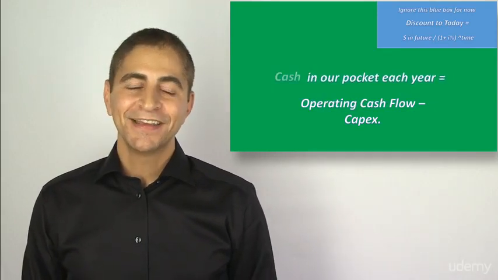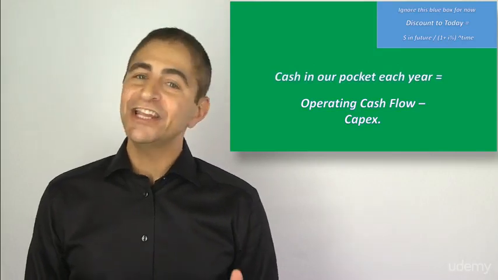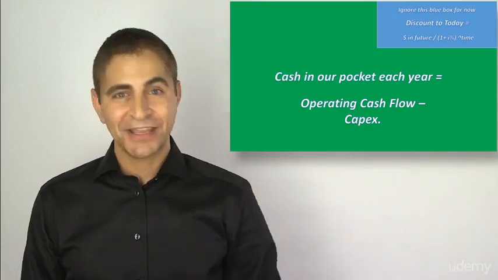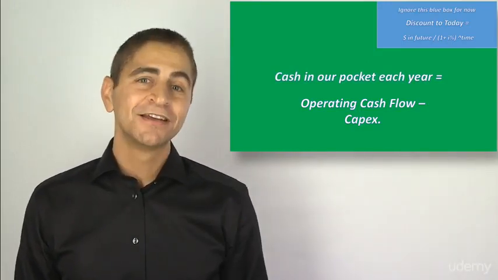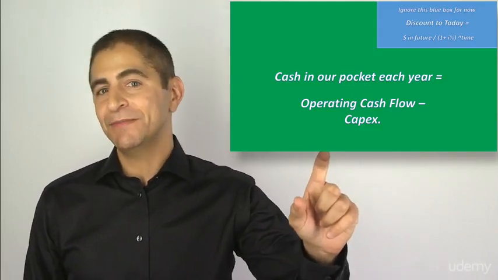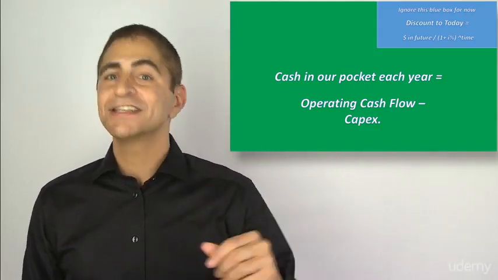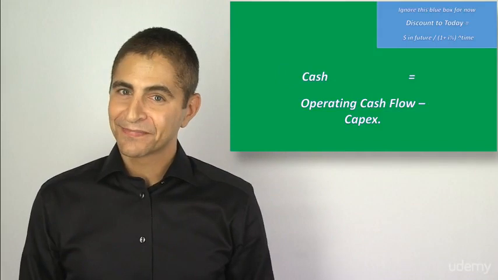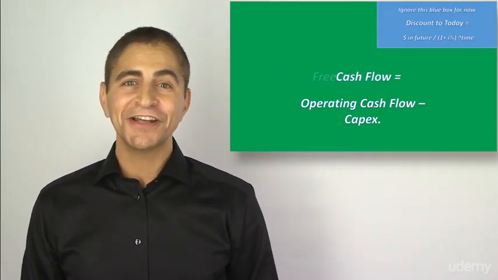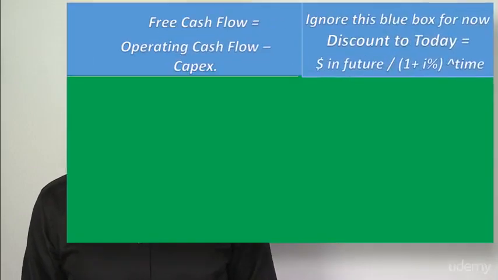So cash in our pocket each year equals operating cash flow, which is the first section of the cash flow statement, minus CapEx. And that's going to give you cash flow. For some reason, they actually call it free cash flow.